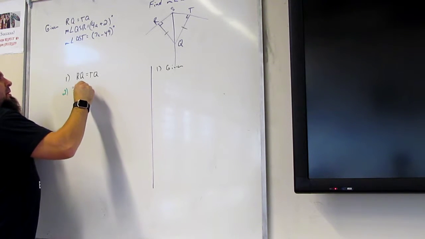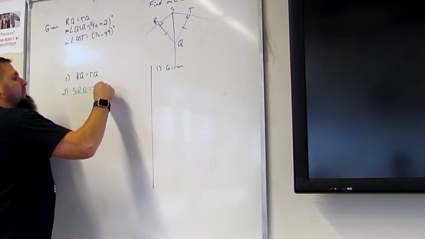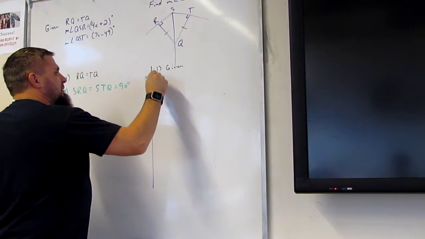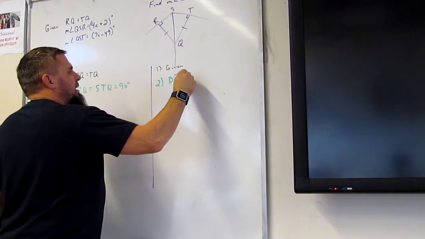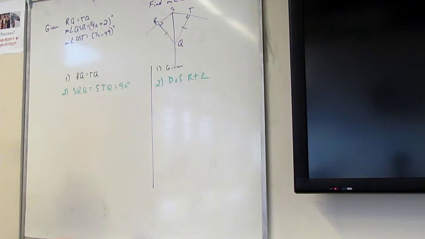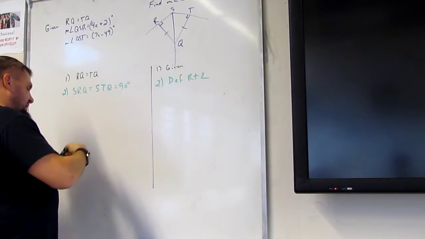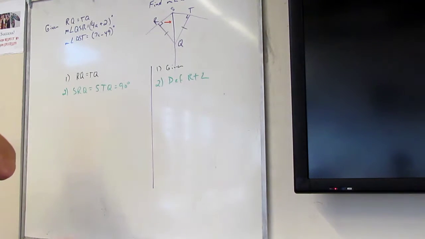SRQ is equal to STQ, which is equal to 90 degrees, right? And then number 2 is definition of a right angle. Okay? Alright, from there, that allows me this. What is this guy? We know that that's a hypotenuse, right?